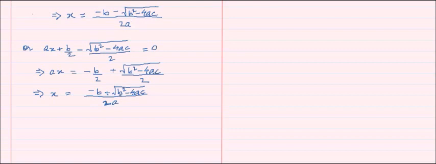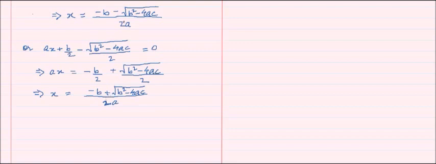The under root part is the same for both cases, b square minus 4ac. Also the denominator is the same, 2a. The only difference lies in these two signs. In the first case it is a minus sign, and over here it is a plus sign.